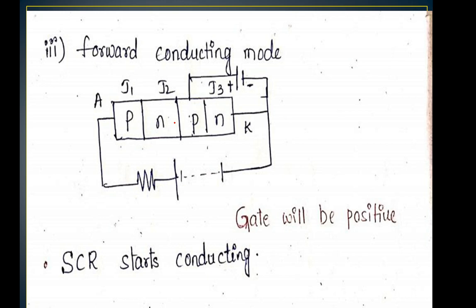So the SCR current is controlled by the gate voltage. In order to switch off the SCR, you have to reduce the anode to cathode voltage. So this is the forward conducting mode.